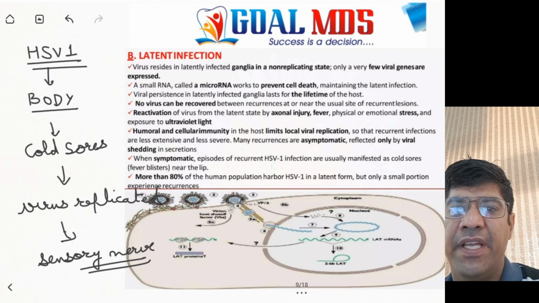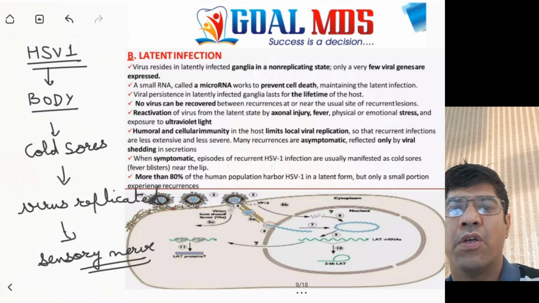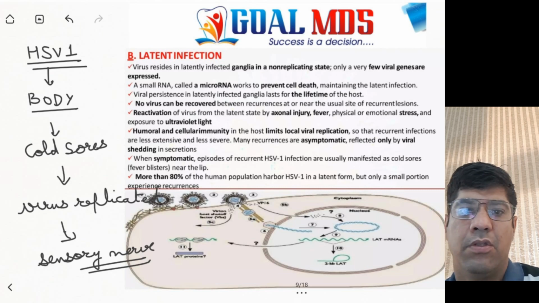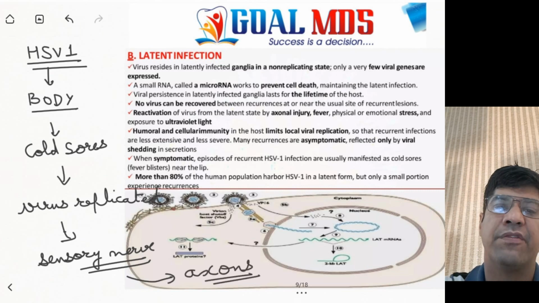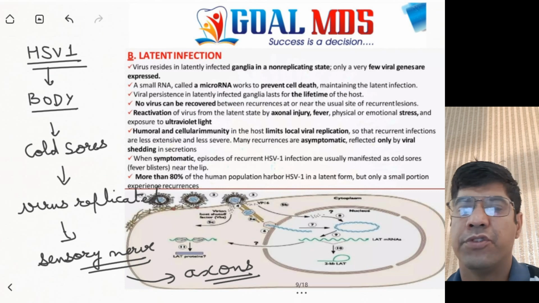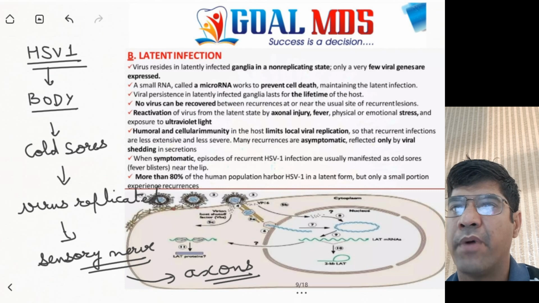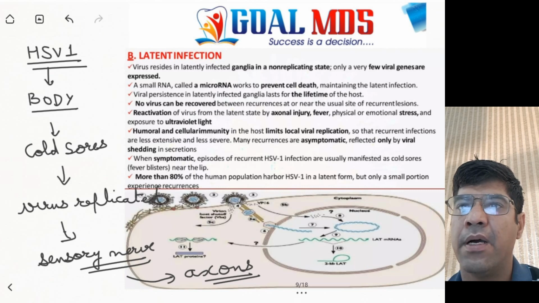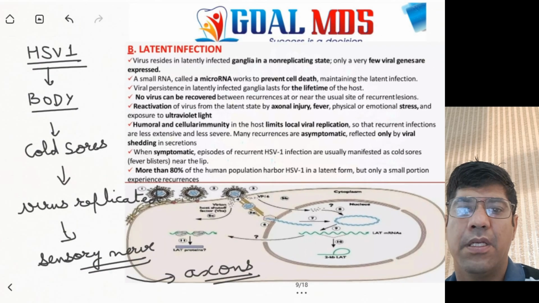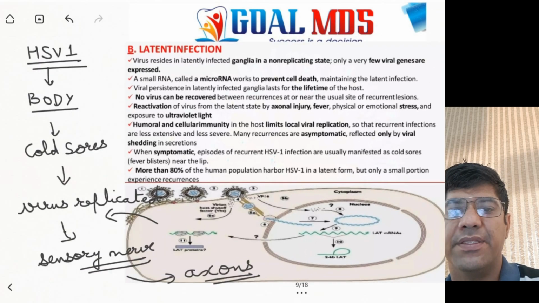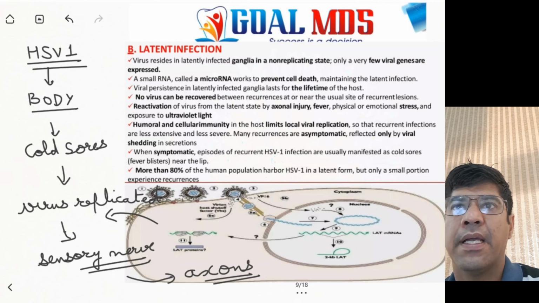The HSV1 virus travels along the long projections of the nerve cells called axons. These axons can be thought of as wires that are connected to different parts of the nervous system. The virus is transported in a backward direction, moving from the skin toward the nerve cells, which are located in the ganglion.